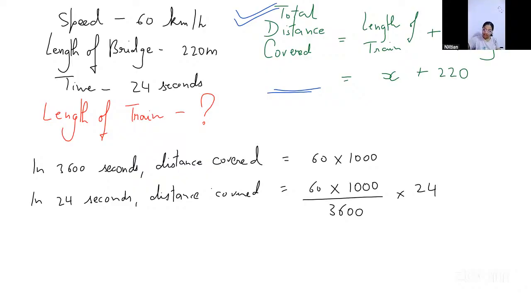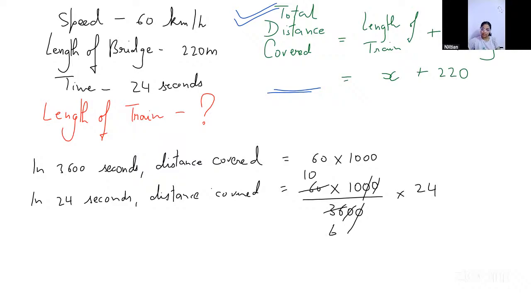Now, 3600 and, ma'am, 0 to 0 cancels. Then we have 36 and 60. That can be cancelled. 6 ones are 6, 6 sixes are 36.